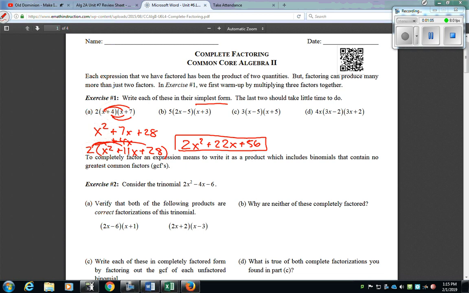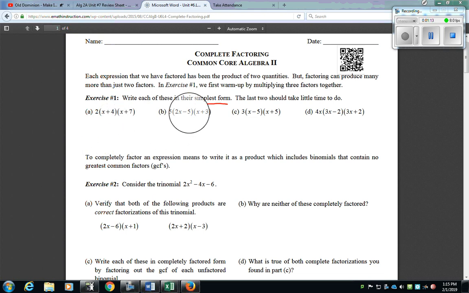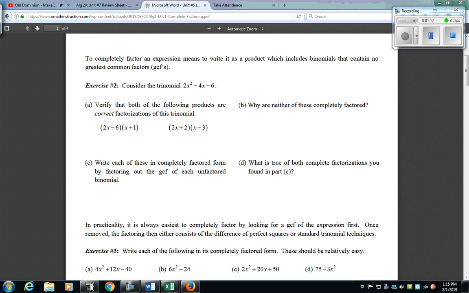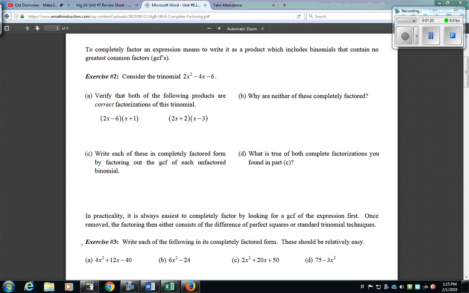Now we're going to look at exercise 2, where you want to find different ways to factor. And exercise 2 is going to allow us to do greatest common factor first.